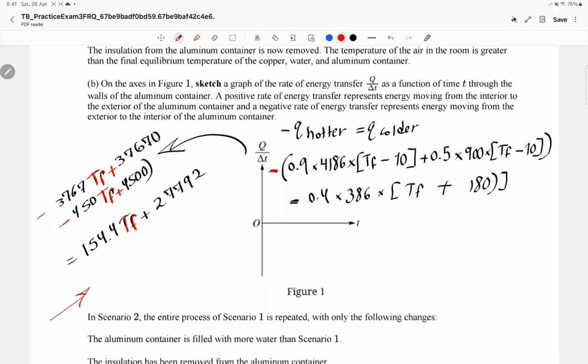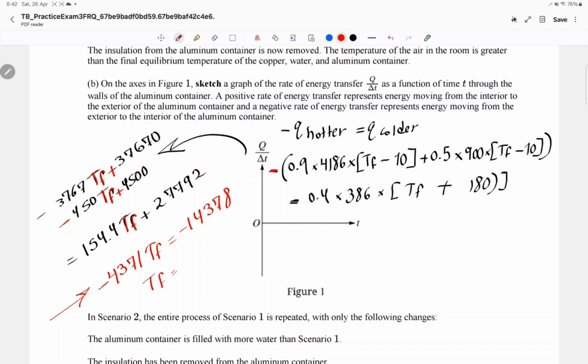So I put all the TFs on one side. I got negative 4371 TF is equal to negative 14,378.